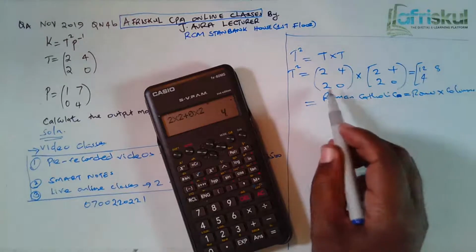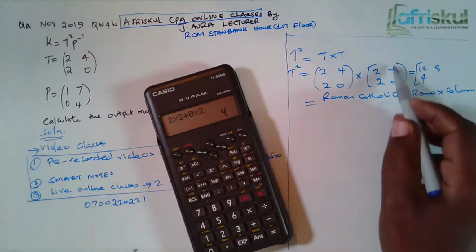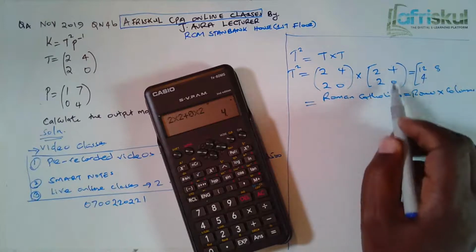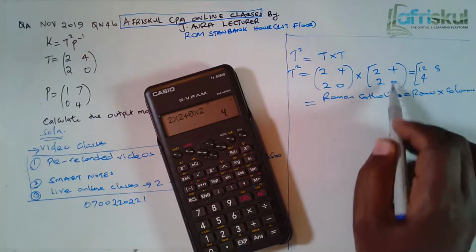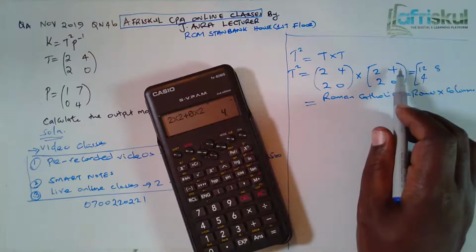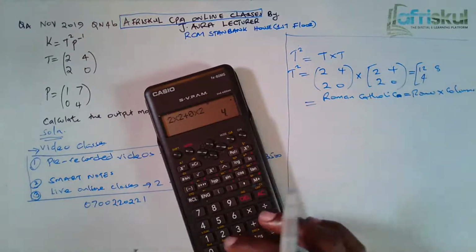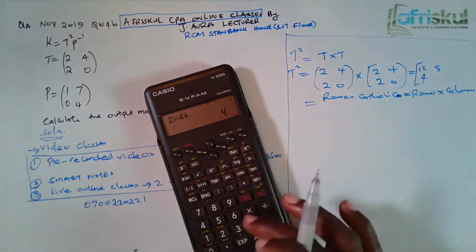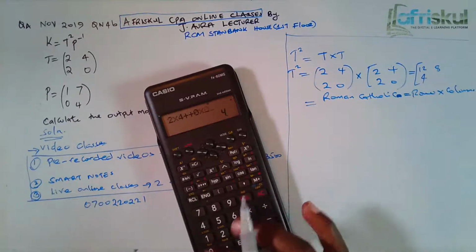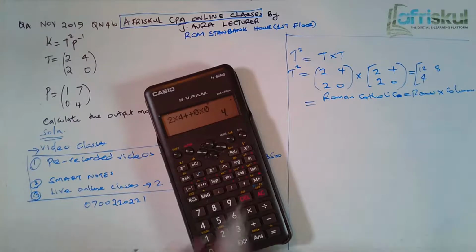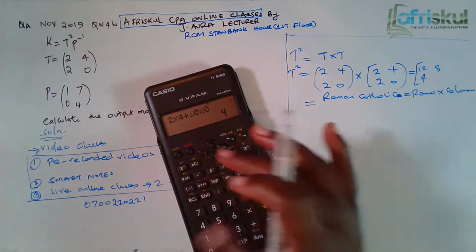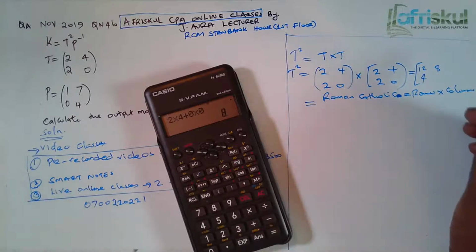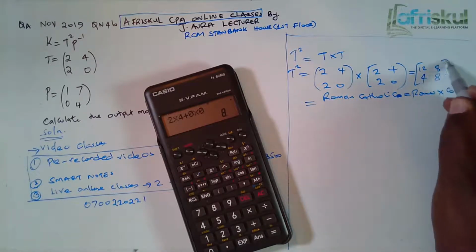The last one, we have this row with the second column: 2 times 4, plus 0 by 0, which gives us 8.